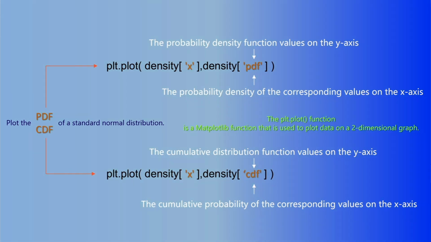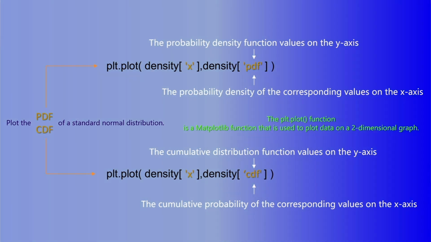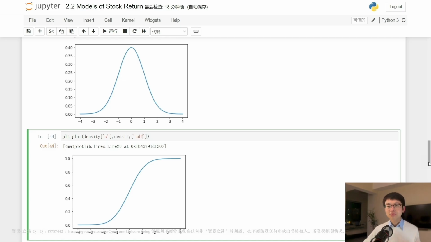The CDF of a standard normal distribution is the S-shaped curve that starts at 0 at negative infinity and approaches 1 at positive infinity. In finance, the CDF is used to calculate probabilities and assess risk.